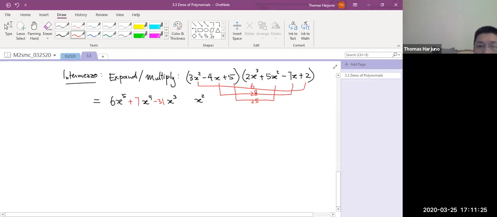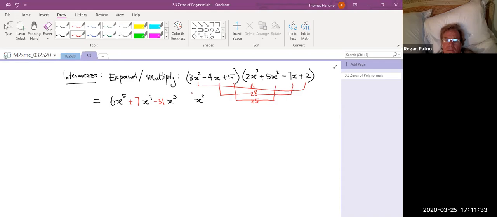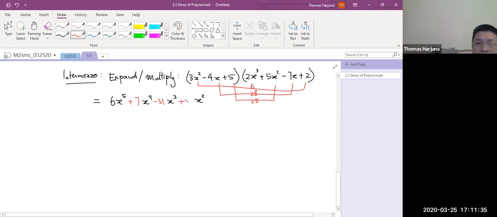So what's that? 9. That's what I get also. Now we go on to x. The x term will have what coefficient? The ones that give us the x term are only this pair and this pair.